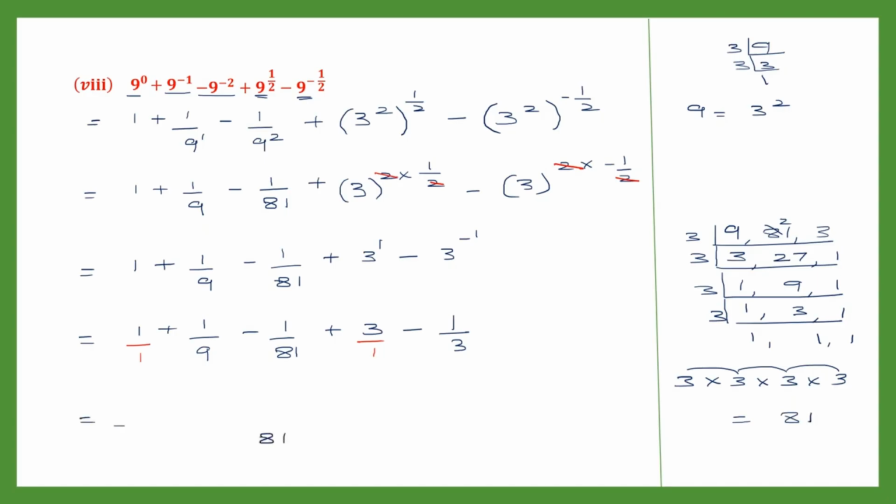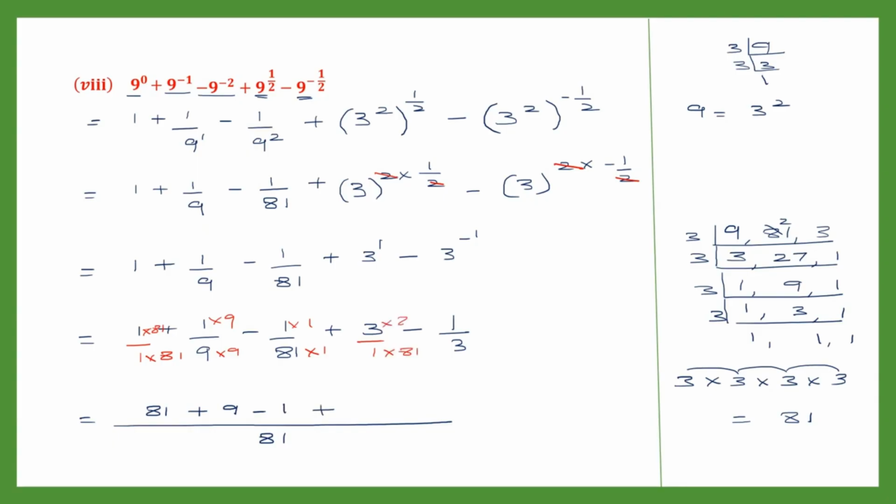So let's continue our addition and subtraction. Here 1 into 81, so this also into 81. So this is 81 plus, now 9 into 9 is 81, so 1 into 9, 1 9s are 9, minus 81 into 1, so 1 into 1, plus, here we have 1 into 81.